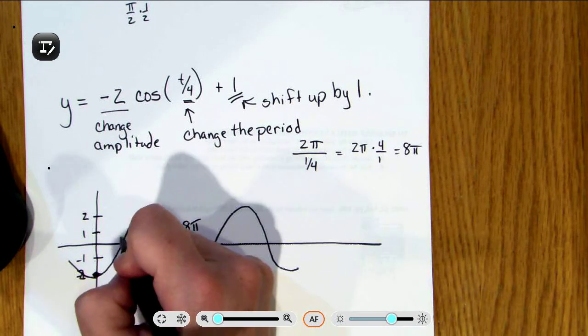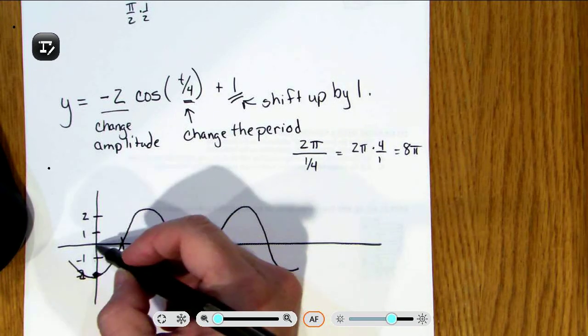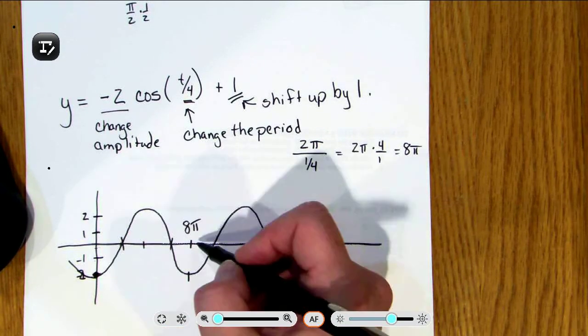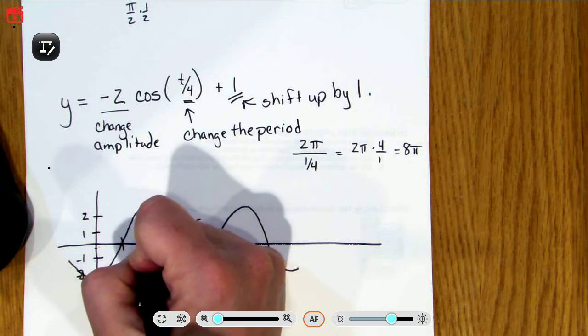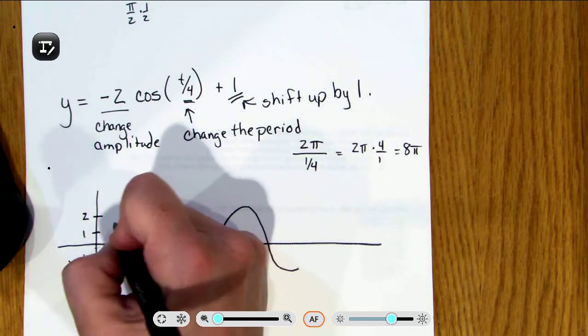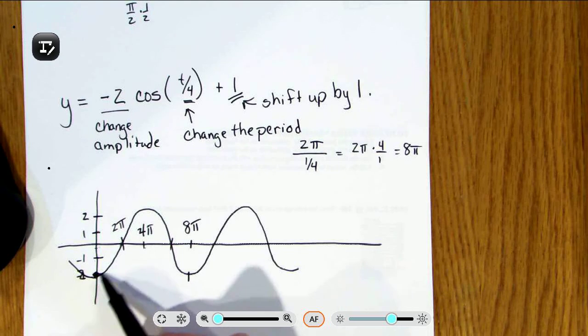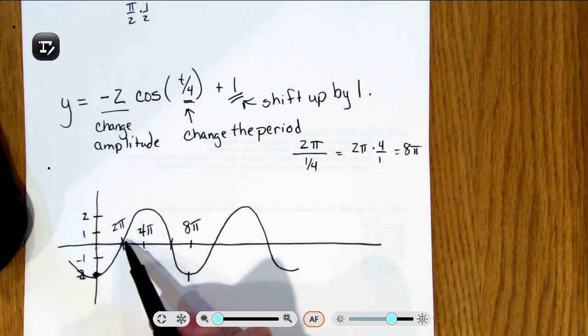Again, I like to put those highs and lows. So there's my high point. It's going to be halfway between 0 and 8 pi. So divide 8 pi by 2. So that gives me 4 pi. Halfway between 0 and 4 pi is 2 pi. Notice we have 1/4 of our curve in that normal 2 pi period.